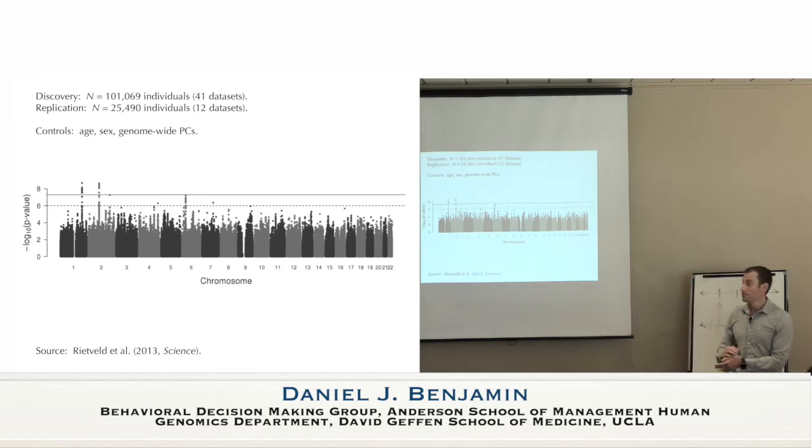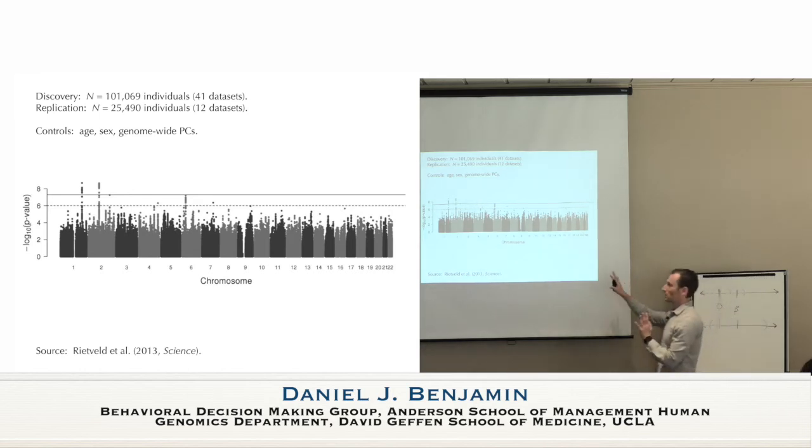So we viewed that as a big success. We showed that GWAS worked. We also had the first credible estimates of effect sizes that we could expect for behavioral phenotypes. They were really small. It was like 0.02% R squared for each of these hits. And that could form the basis for power calculations for future studies.